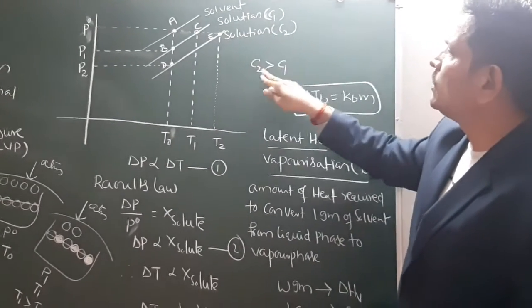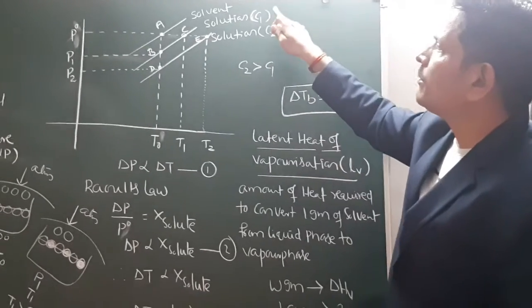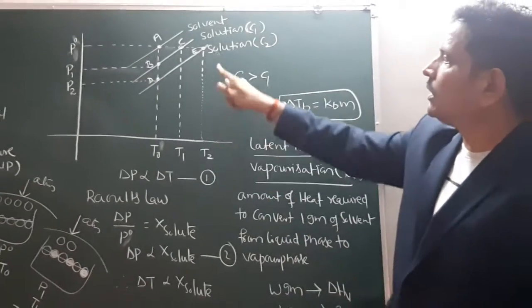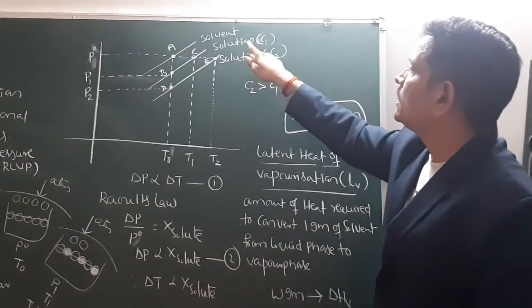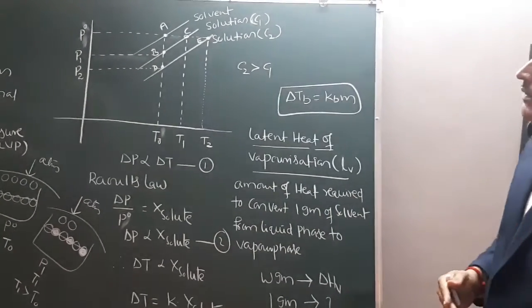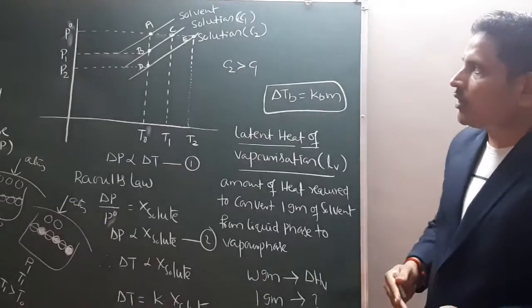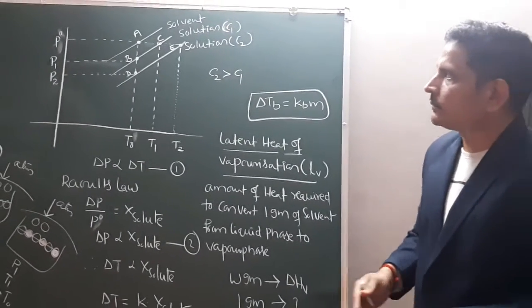That means C2 is greater than C1. The concentration of this liquid is more when compared with this. Solute is present in excess in this case. Such three liquids are considered: pure solvent, solution containing non-volatile solute, and solution containing excess non-volatile solute.